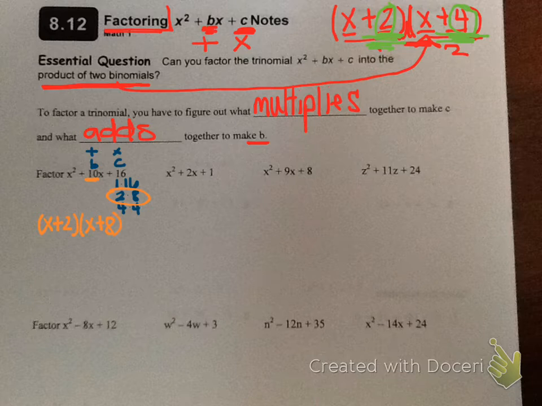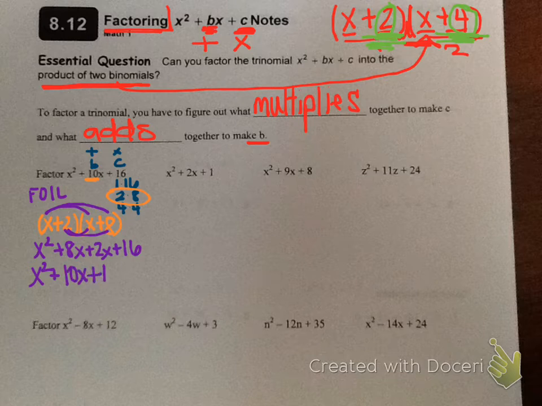And we can check our work to make sure that we're right by foiling. So first, outer, inner, last. And when we combine like terms, we get x squared plus 10x plus 16, which is the same as our problem.